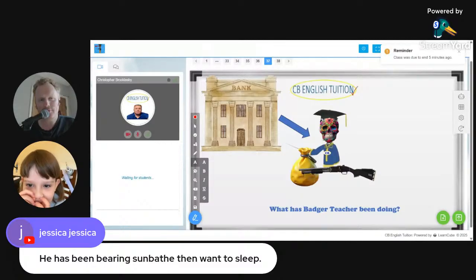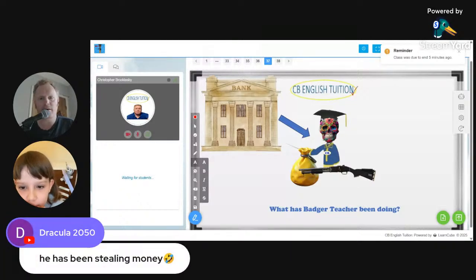Oh well, because what can we see? A gun, some gold, a bank. Yeah, we call that a bag of loot. I hope this isn't real because I know Badger is not really a criminal. So yes, the best sentence is he has been robbing a bank.